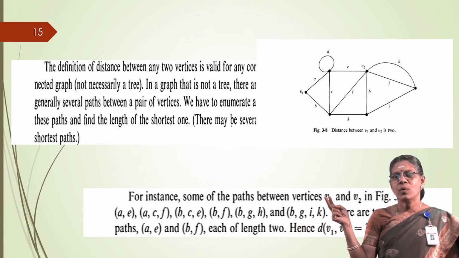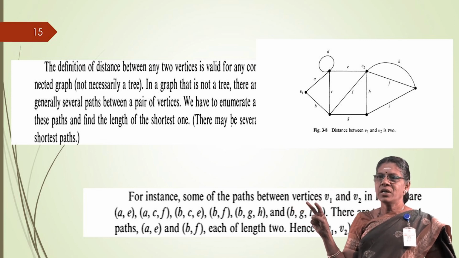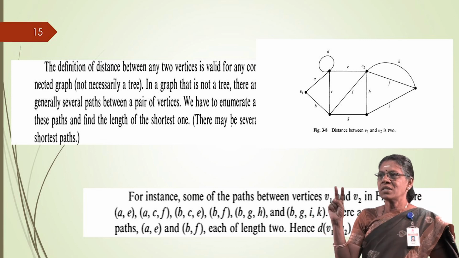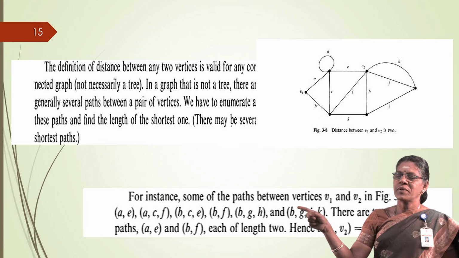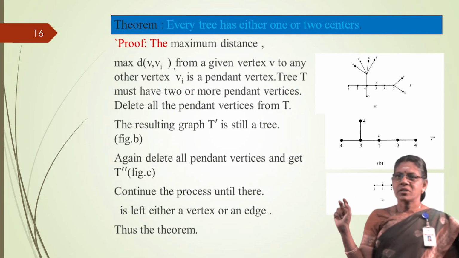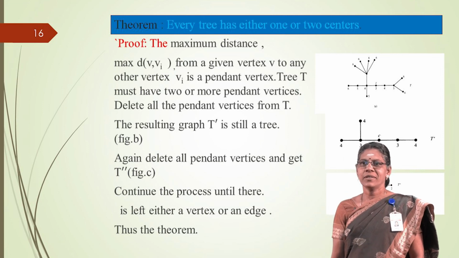What are they? One is A, E, another one is B, F, both of length two. So what is the distance between V1 and V2? It is only 2.